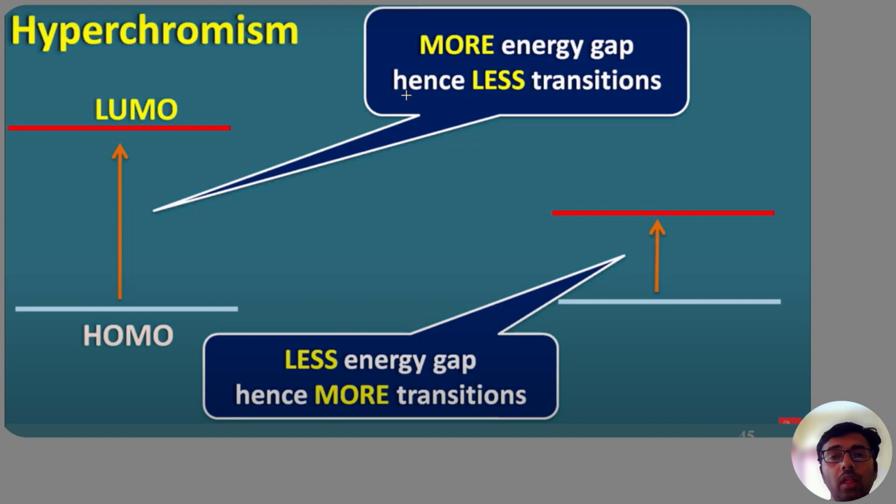This produces high molar absorptivity and stronger absorbance peaks. Conversely, a large energy gap reduces transition probability and lowers intensity. By analyzing both spectral shift and intensity variations, we obtain a complete quantum mechanical understanding of molecular behavior.